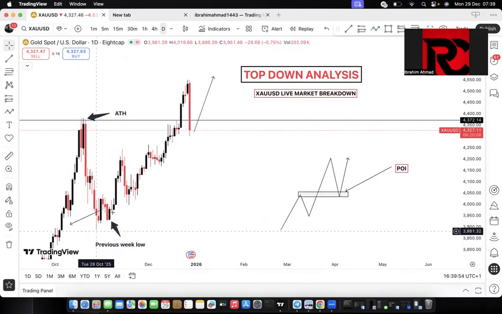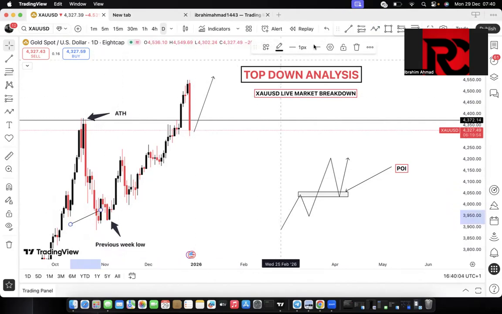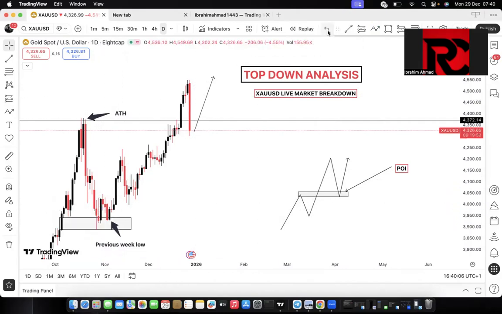Price came to this zone, formed a support, came back, and tested this same support area, and we found our entry on the lower time frame, targeting the all-time high. So this was how we did it.